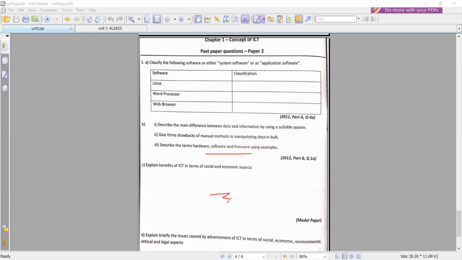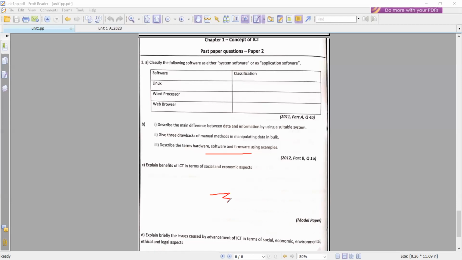Then if you go to this one, explain the benefits of ICT in terms of social and economic aspects. Now you can explain it. I went through some of your answers, and that is correct. You can put points like it can be used to boost up the national economy.